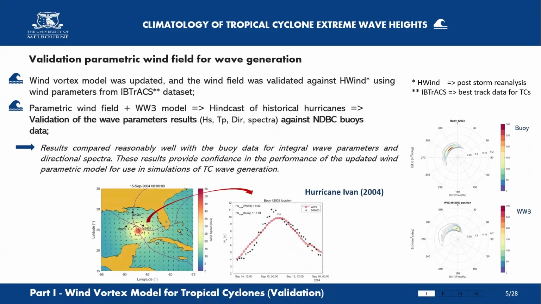In this figure, just an example of the hindcast of Hurricane Ivan. On the left, we have the parametric wind field with the buoy locations marked by these black triangles.